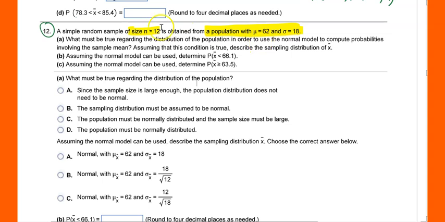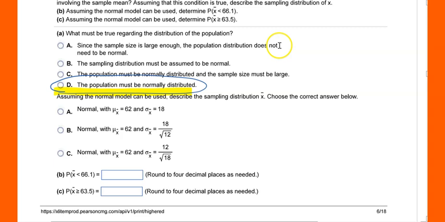If the sample size is less than 30, the population must be normal, or I should say approximately normal, so that the sampling distribution of the sample mean is going to be normal. Therefore, in this question, the answer is D. The population must be normally distributed. Okay, makes sense? So the sampling distribution of the sample mean is going to be normal.